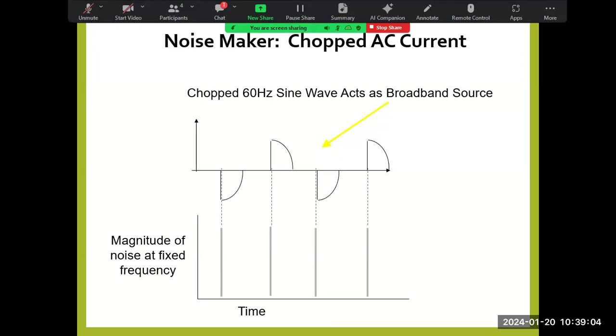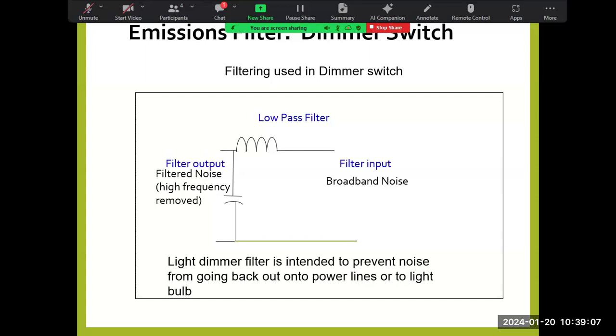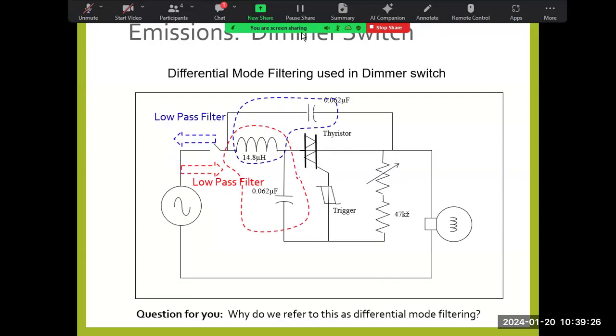But they added all these other components, right? Well, one way to reduce noise is using a low-pass filter, and the simplest low-pass filter is to combine an inductor and a capacitor together, right? So when you do that, it sort of spreads out the effect and makes it more of a broadband filter. And you can see in the light dimmer, there's an inductor, and then there's two capacitors. You see these? So if you look at what's happening, the source on the left conducts through, when you turn the switch on, conducts through the inductor, through the thyristor when it's triggered, down to the light and back.